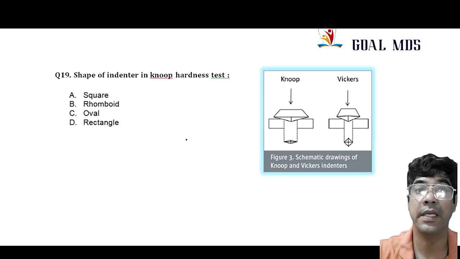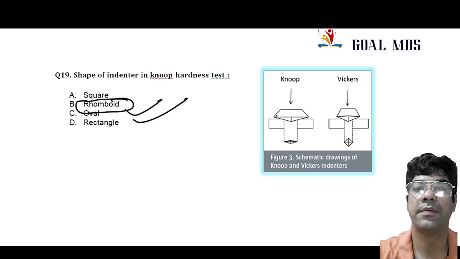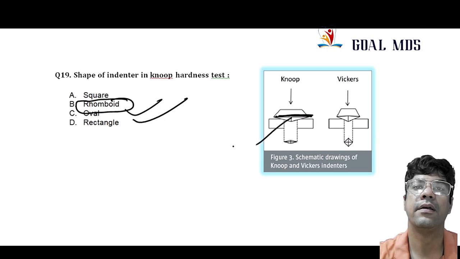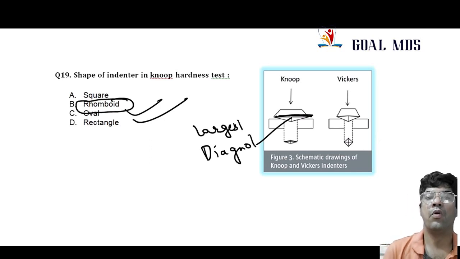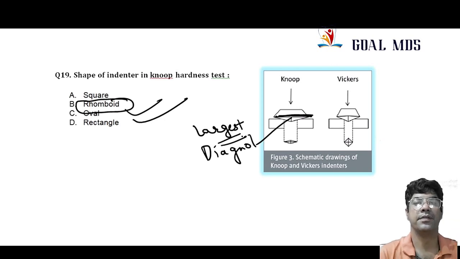The impression is rhomboid in outline, and the length of the largest diagonal is measured. The load is divided by the projected area to give the Knoop hardness number.